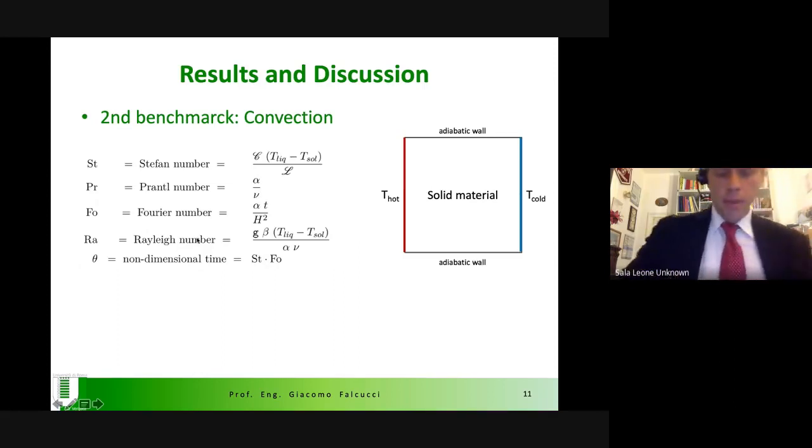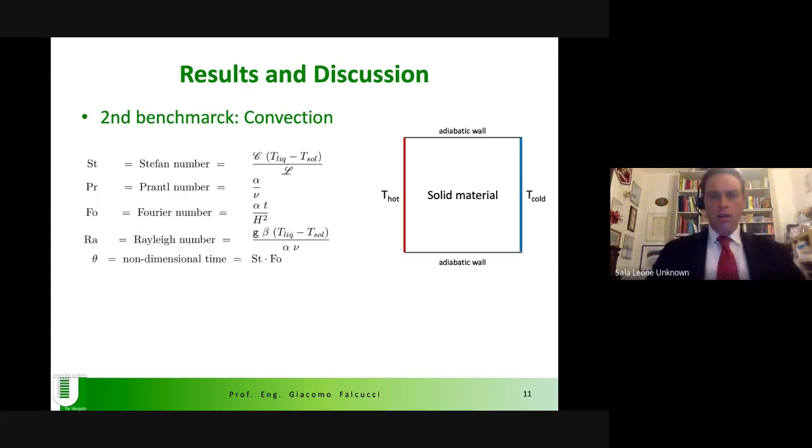As Francesca said before, the dynamics of this phenomenon, in which temperature is not at all constant and has a major impact on the system, are governed by these non-dimensional numbers, in which we see the thermal compressibility, the thermal diffusivity, and so on and so forth, and the difference between T liquid and T solid.